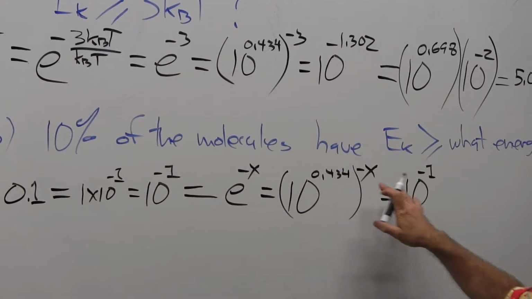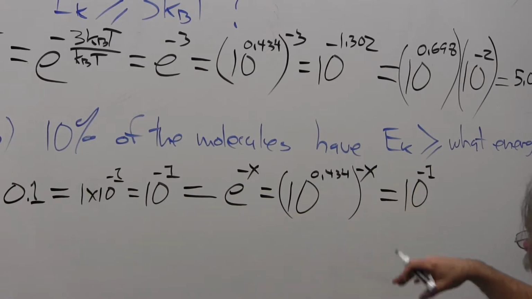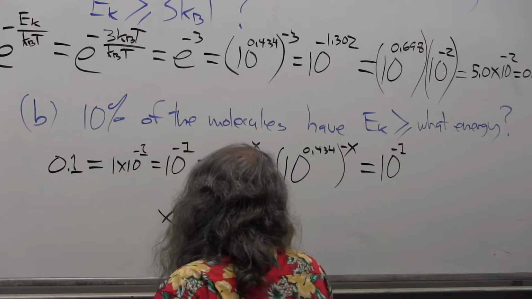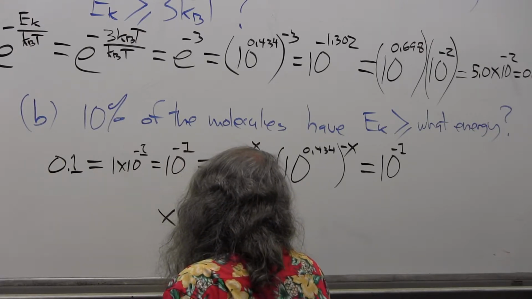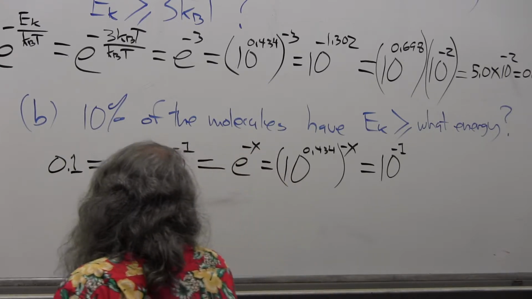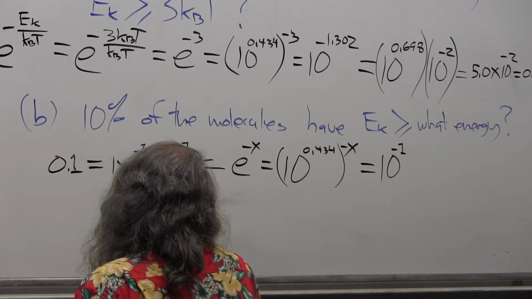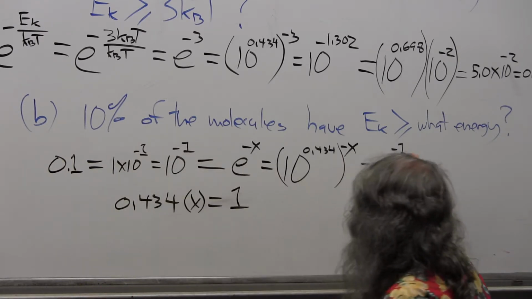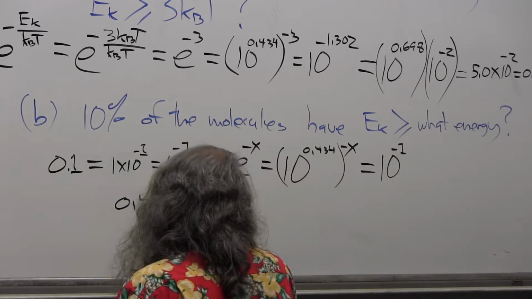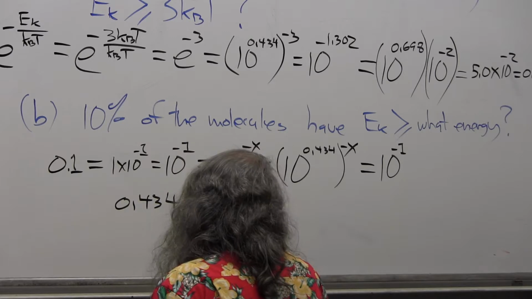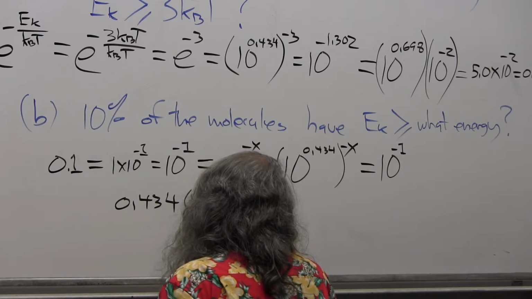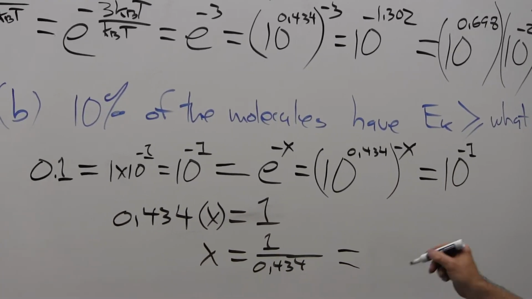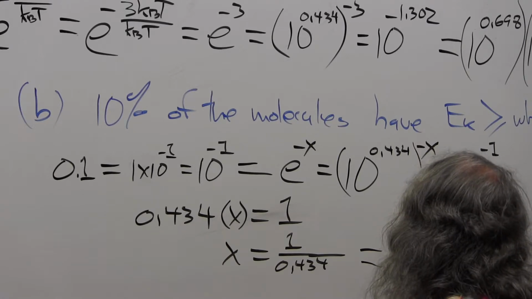I have a simple algebraic problem that is easily solved. 0.434 times X is equal to 1, because the minus signs cancel. And that means X is equal to 1 divided by 0.434. If it was any other number, I'd have to go out and do the division. But we easily recognize this because we've seen it before. It equals 2.303.